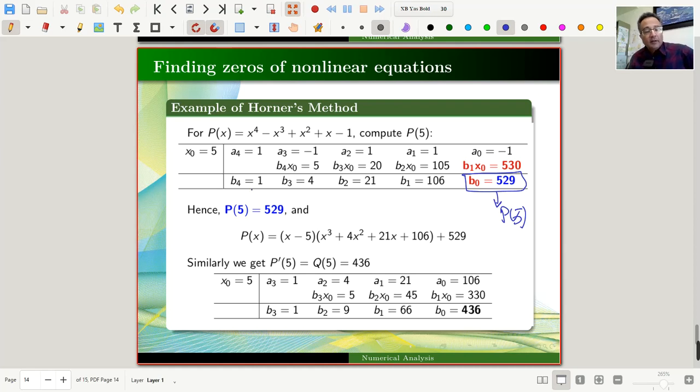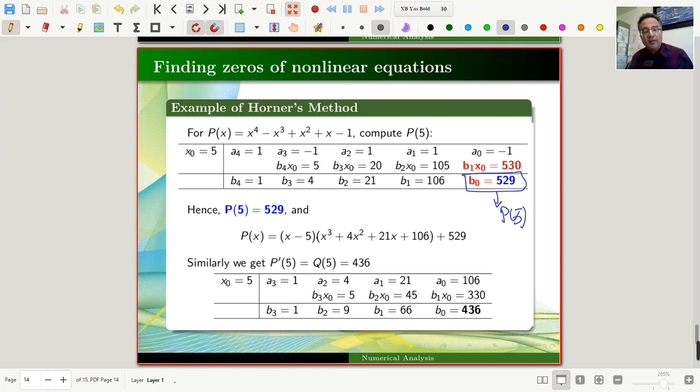You can see that we have just one multiplication here, one here, one here, and one here. Just 1, 2, 3, 4 multiplications and 1, 2, 3, 4 additions. And it's all done.